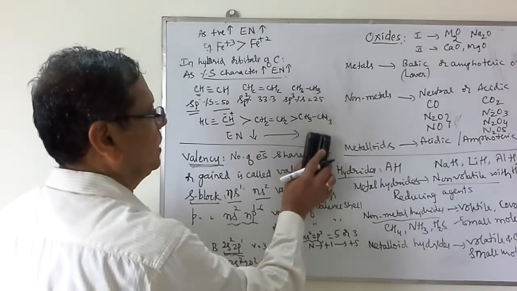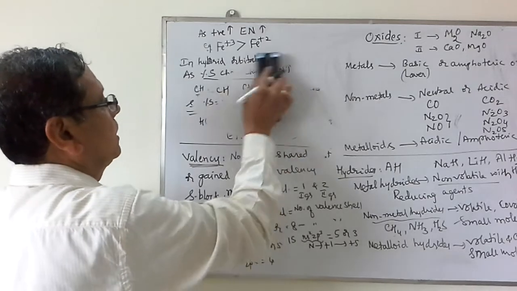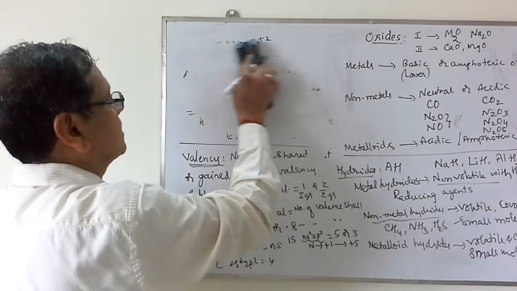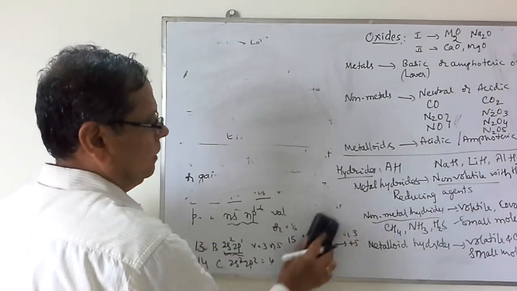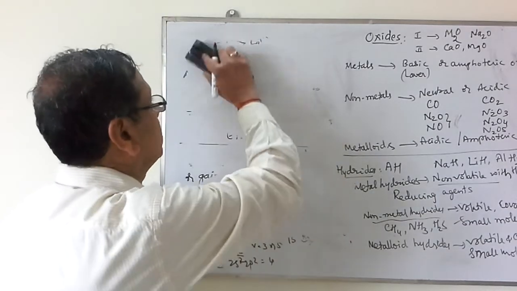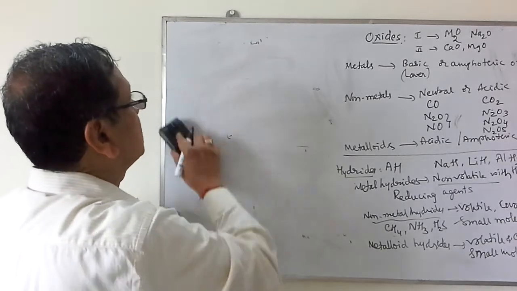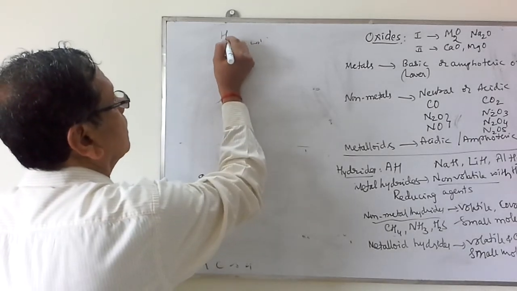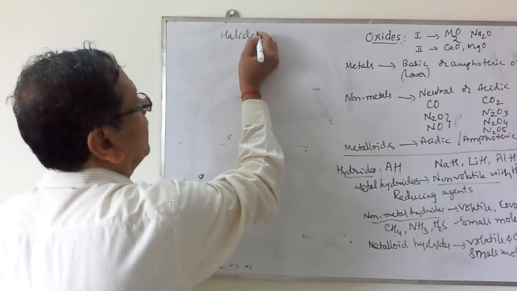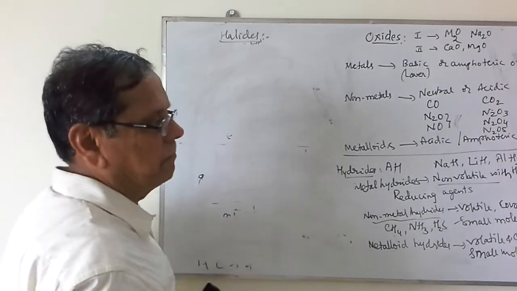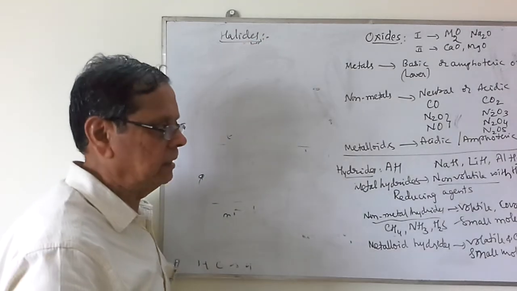The last topic in this chapter is the halides. Metal halides, non-metal halides, etc. So when we consider these halides, when an element combines with a halogen, it gives rise to halides.